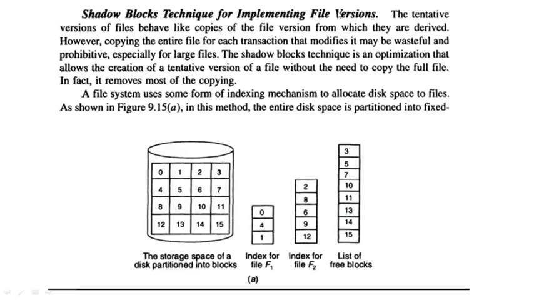The shadow blocks technique is used as an optimization technique, so that without the need to copy the full file, we can copy only the changes. Some form of indexing mechanism is used here to allocate disk space to the files.